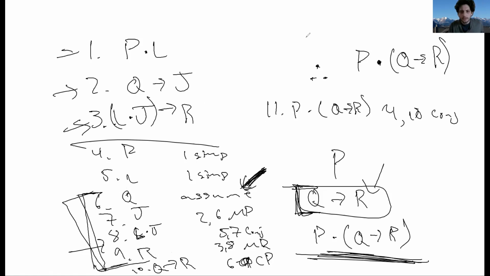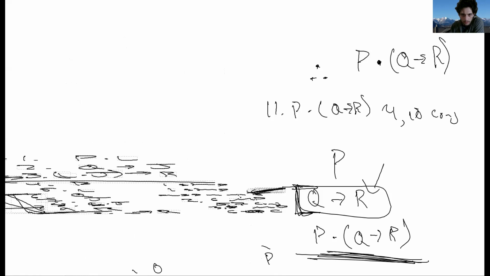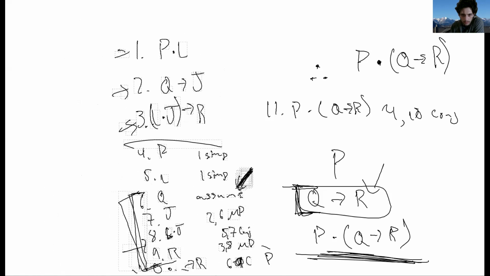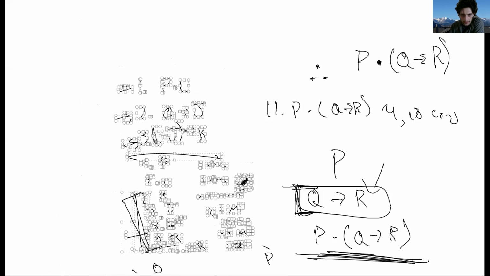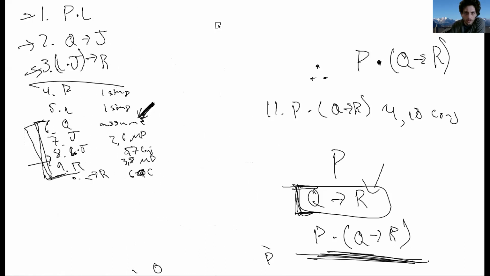So just to show a little bit more of a variation on this, let me go ahead and move. Didn't mean to resize it, but I guess that helps too. So this was 10, and it was Q implies R, CP.